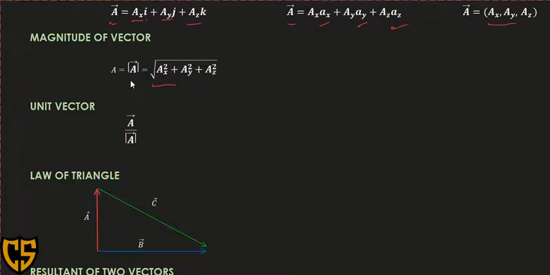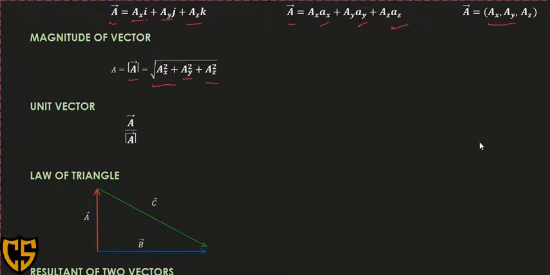Ang iyang symbol is parehas lang sa absolute value. So, since we are dealing with vectors, it will be AX squared, the magnitude along x squared, the magnitude along y squared, the magnitude along z squared, then kuhaon ang ilang sum. Then, i-kuhaon nato ng square root ang sum, that will be the magnitude of your vector.